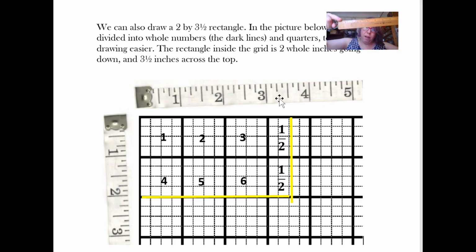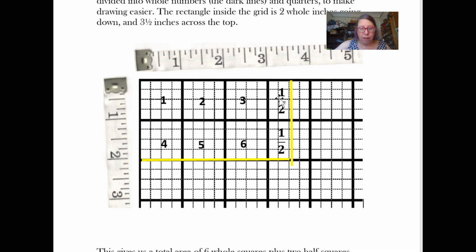To get the area of a 2 by 3.5 inch rectangle, you go 2 inches along the side, but it doesn't matter, side or length. And then 3.5 inches along the top. So when you're doing the area model, the result has got to be a rectangle.